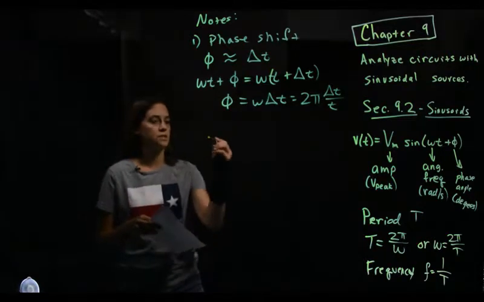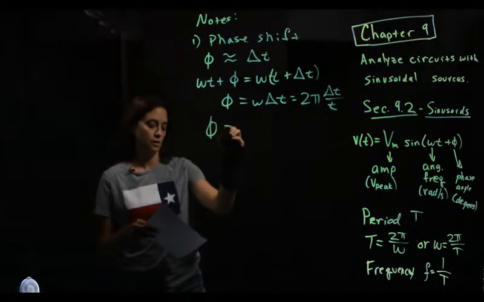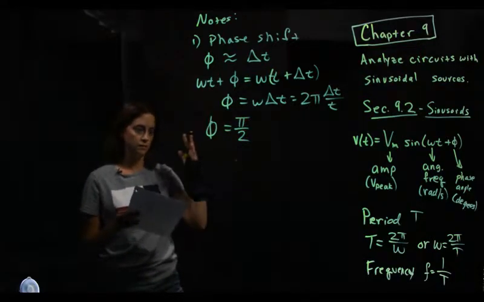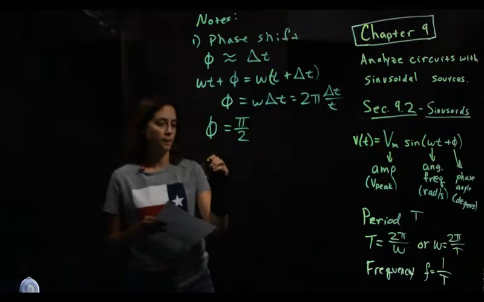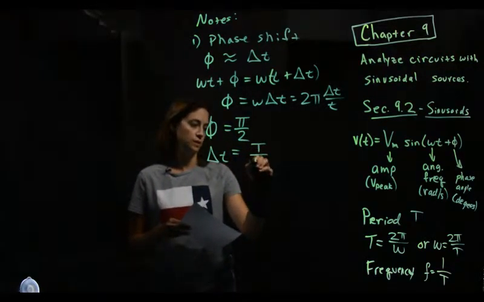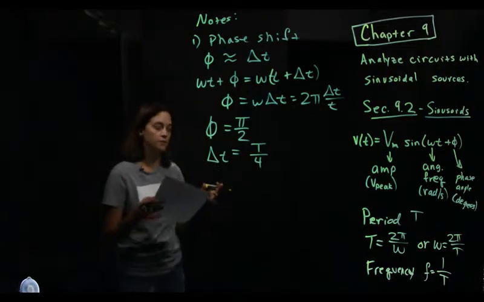So if we have a phase shift of pi over 2, 90 degrees, right? Shift by 90 degrees, then our delta t becomes T over 4. So it's a fourth of the period.